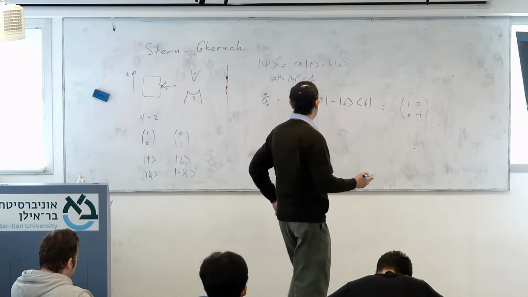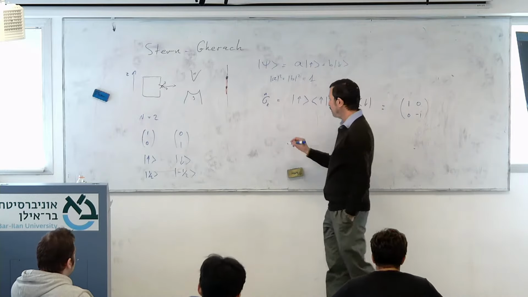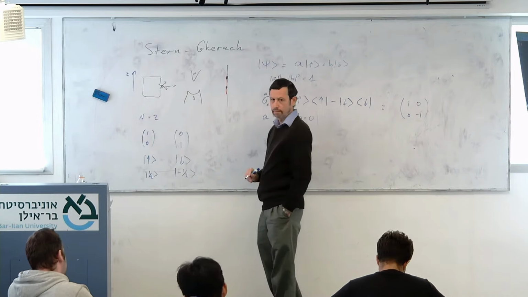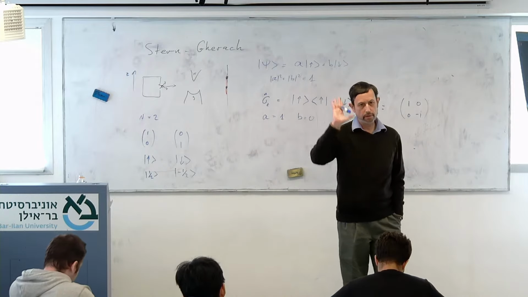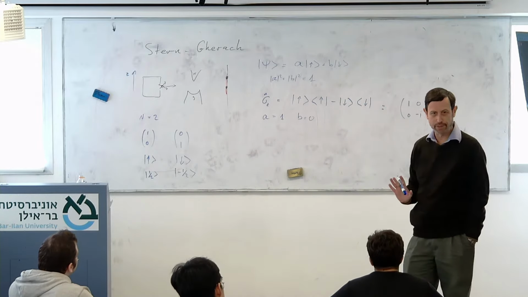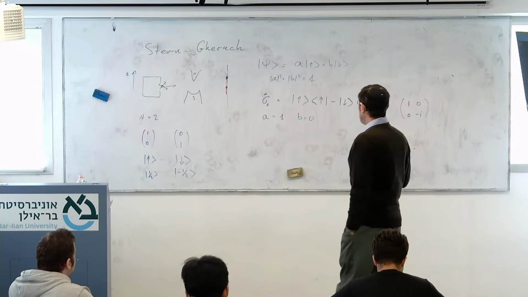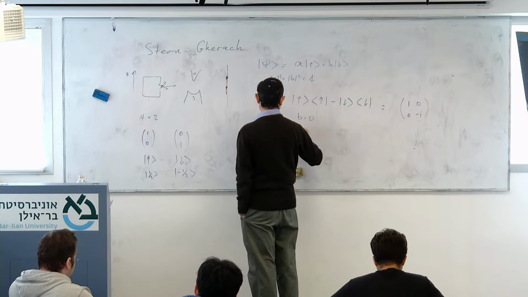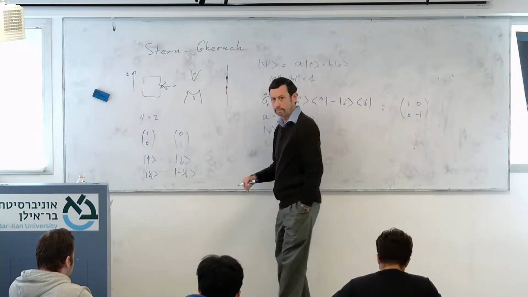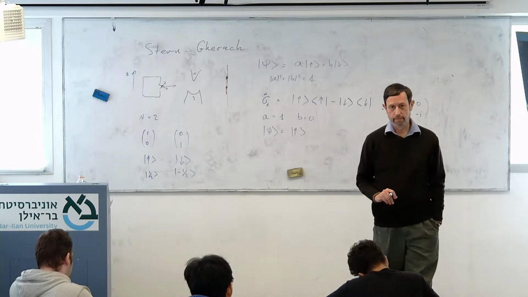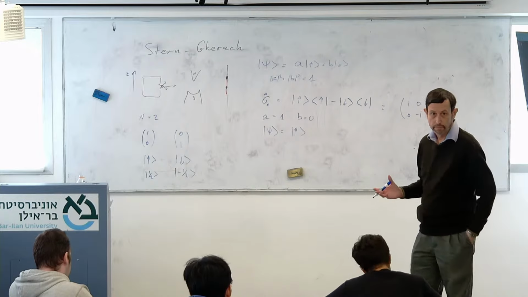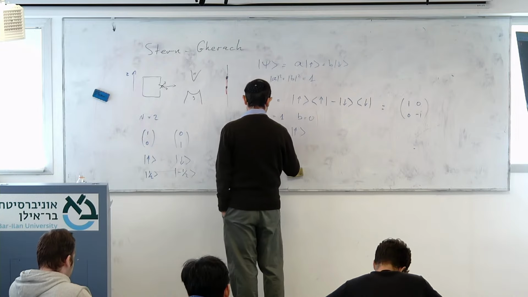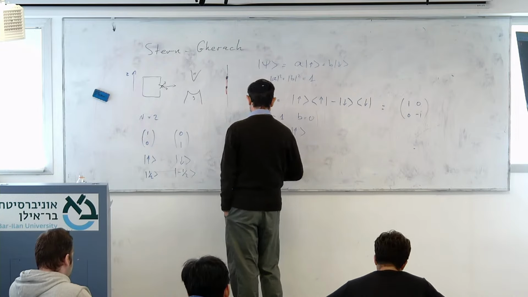Okay, let's assume the case that you prefer, it has only a component in the up direction. So in that case, psi is equal to, okay, how do I write down the average?